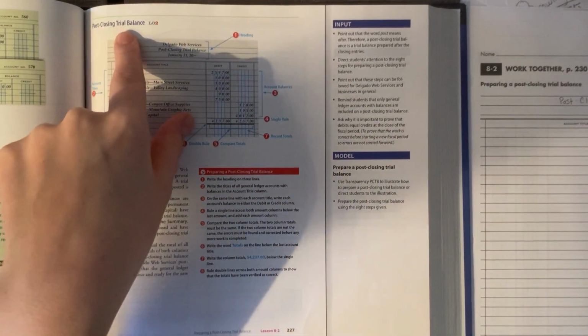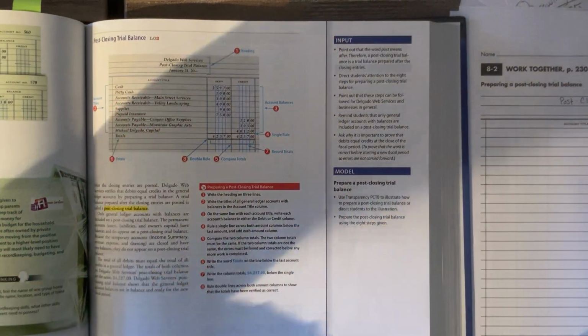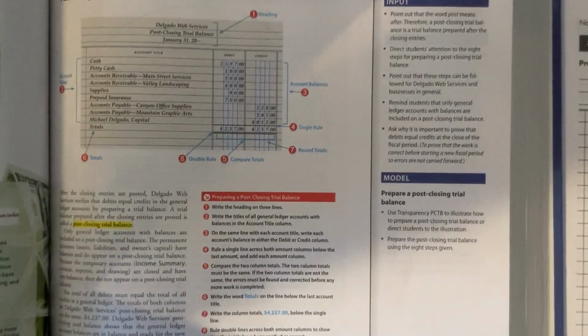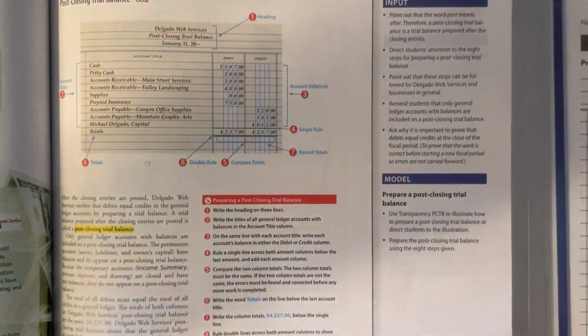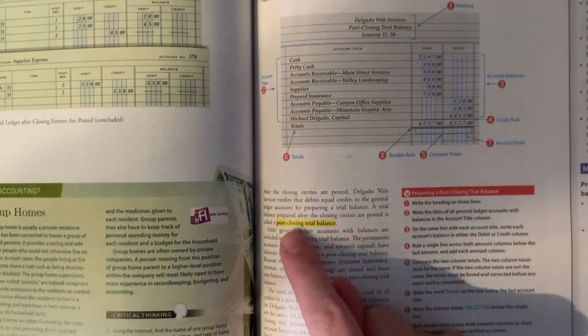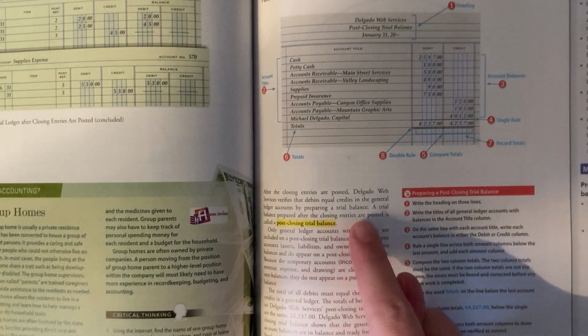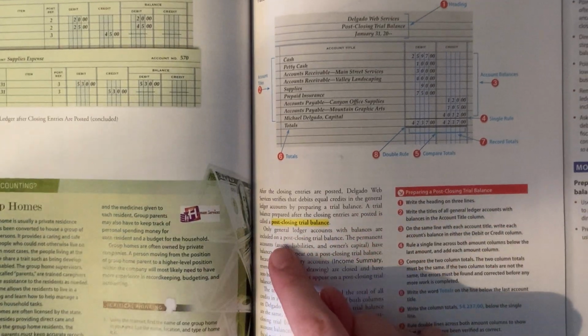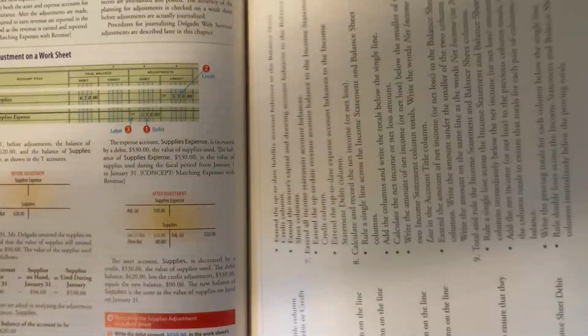We need to prepare a post-closing trial balance. From the information that we just had, accounting just builds and builds and builds on top of each other. So, let me pull this over. We prepare a post-closing trial balance, a trial balance prepared after the closing entries are posted. Let me show you something really quickly.